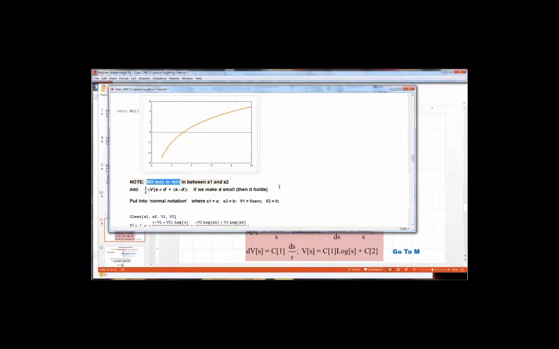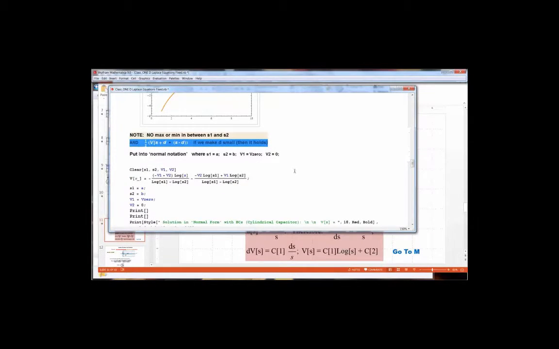And then the second thing is if you go to a point and just take a small differential on both sides, this would be approximately true. So if you make d small, it does in fact hold. I just wanted to show you what this equation looks like when you put it into sort of normal variables.